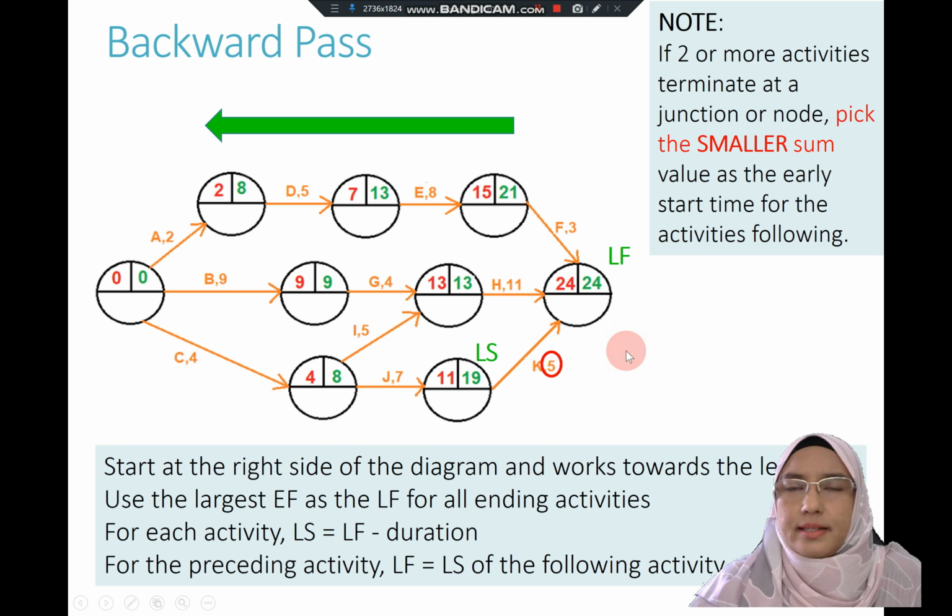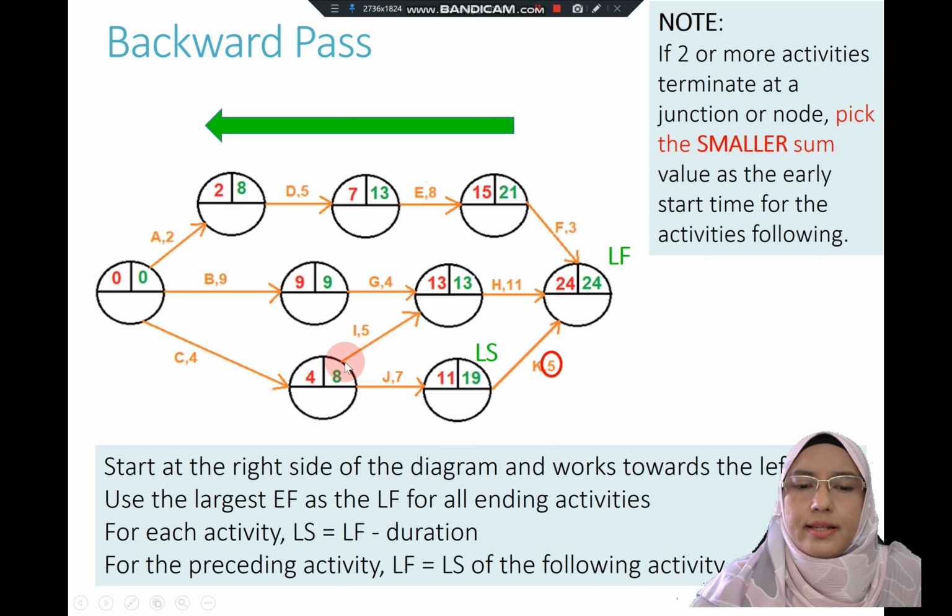The same technique and rules apply for backward pass. But for backward pass, if two or more activities terminate at a node, for example here, activity I and activity J terminate at one node, you need to take the smaller sum.